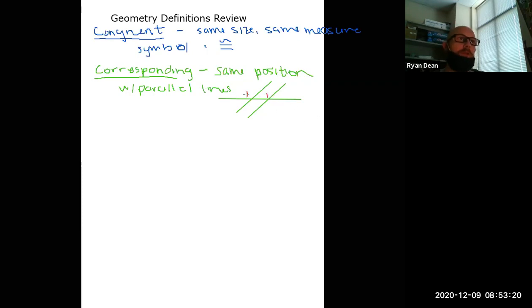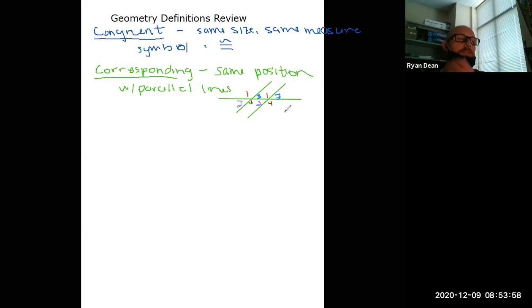Okay, so these would be a pair of corresponding angles. You could also have a pair of corresponding angles right here where it says 2. Okay, another pair of corresponding angles would be right here where it's 3, where I have the blues. And we also could have this in brown where I put the 4s.